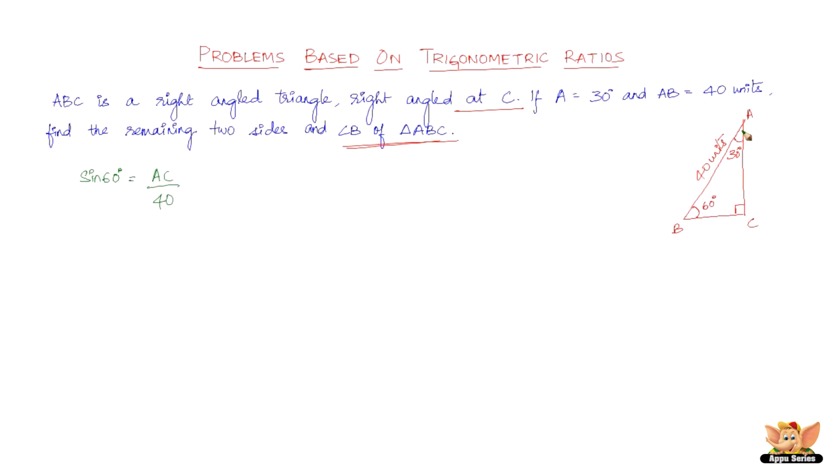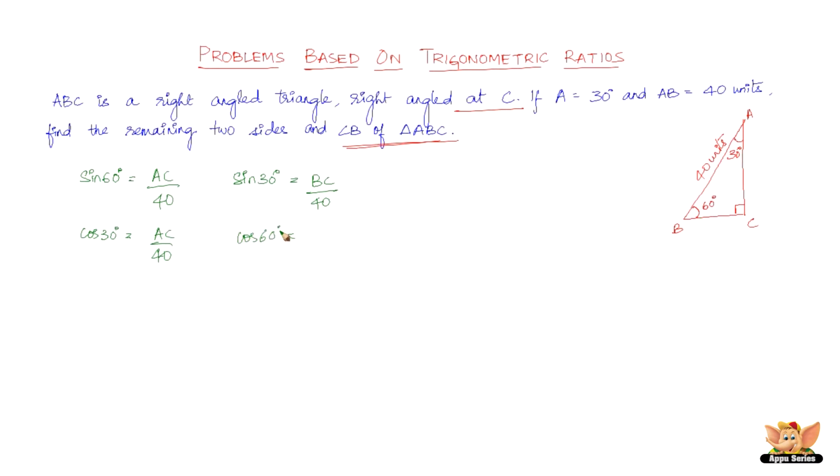Or I can find AC from this side by using cos 30 degrees, because cos 30 degrees is nothing but adjacent by hypotenuse. Adjacent to 30 degrees is AC again. So AC by 40. Or we can do sine 30 degrees and find BC by the hypotenuse, which is 40, because the opposite of 30 is BC.